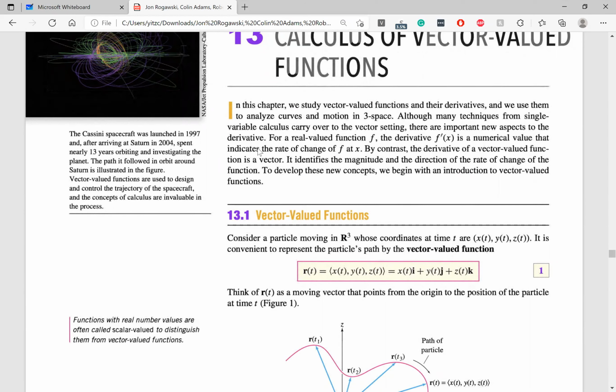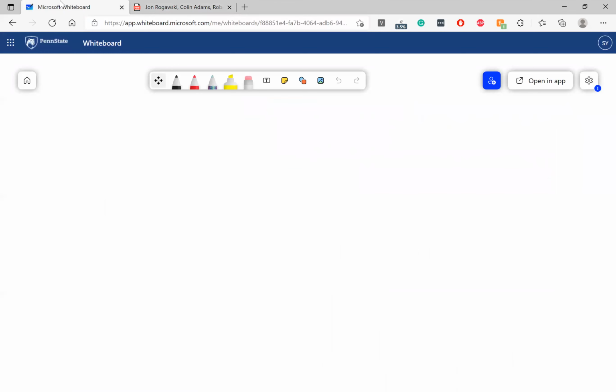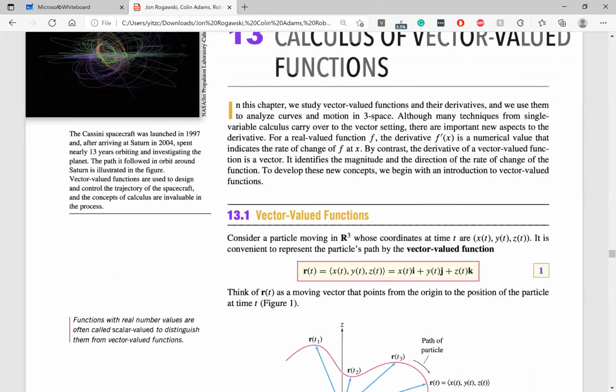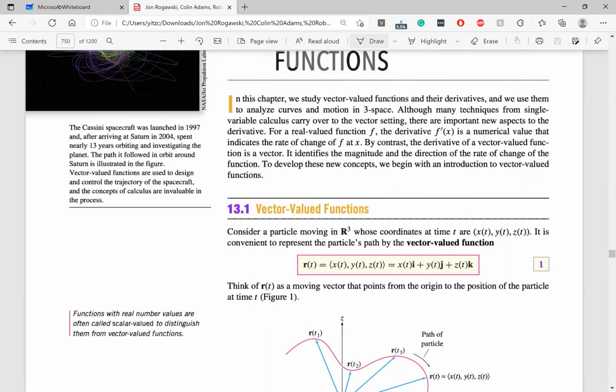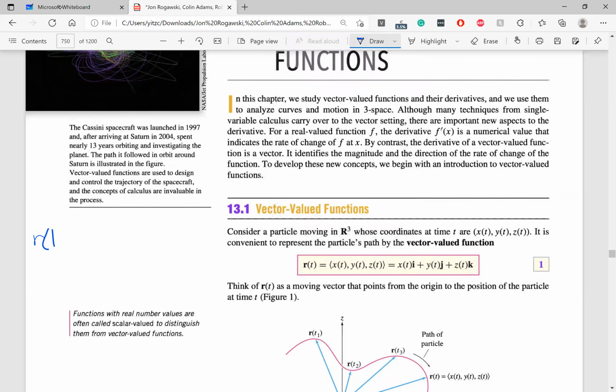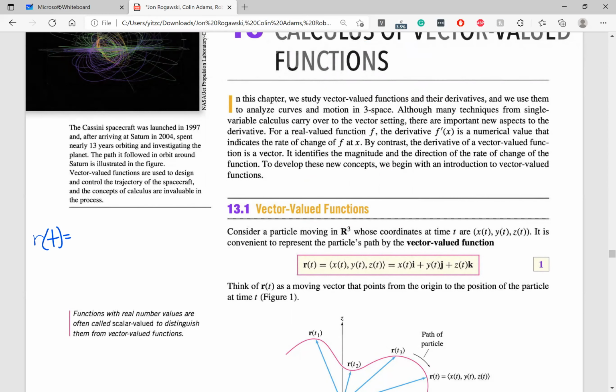So we have seen lines, and we saw that the equation for a line is r of t is equal to r0 plus tv.